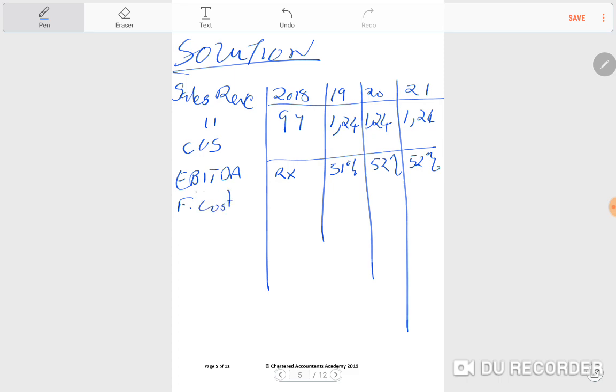This is before interest, which means this EBITDA does not include this finance cost. But should we adjust for it? No, we shouldn't, because if it was included in there, we would subtract it. But since it is already excluded from this EBITDA, it means we are not going to add it. How about our depreciation and amortization?